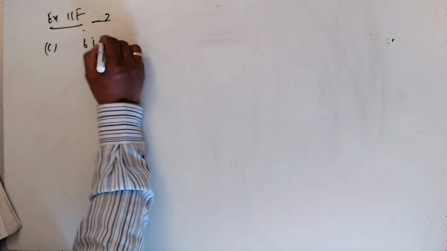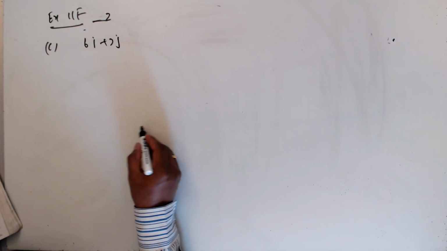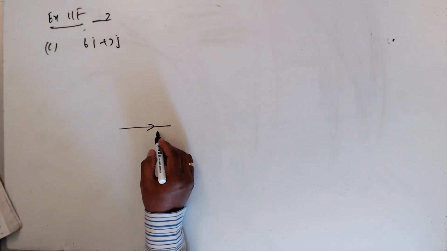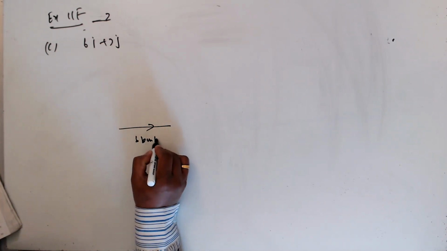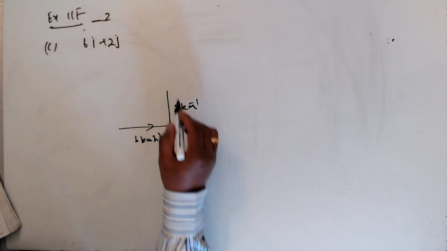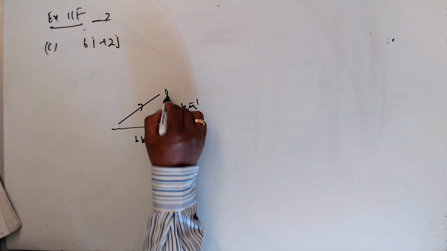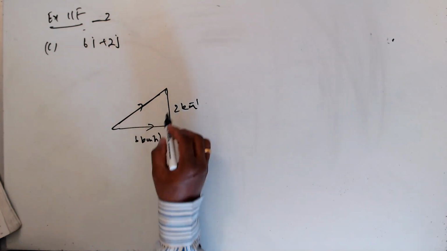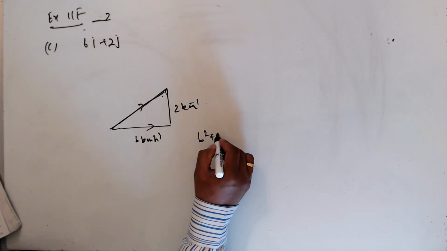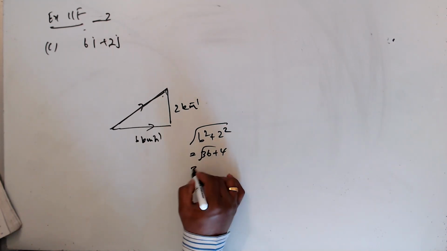Part C, 6i plus 2j. What is this direction? If you go 6 kmh minus 1 and 2 kmh minus 1, the direction is this direction, and the speed we can find: 6 square plus 2 square, so 36 plus 4, square root 40.